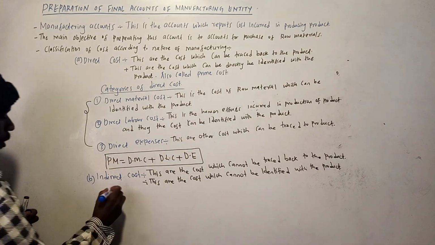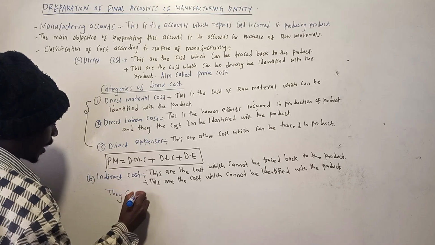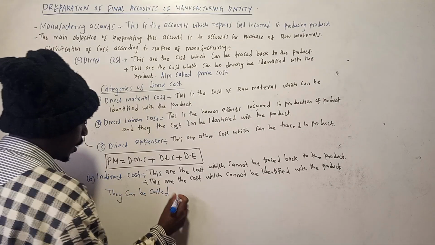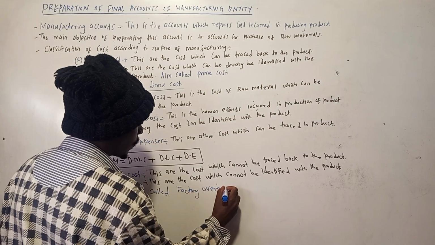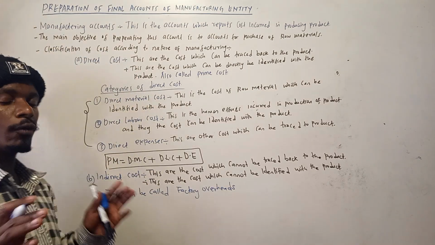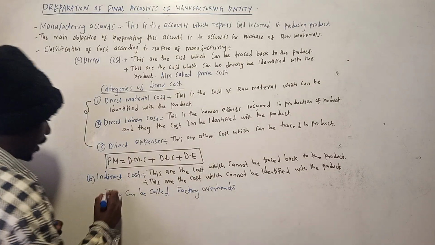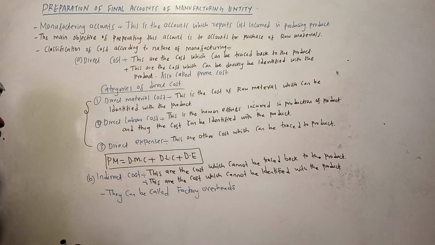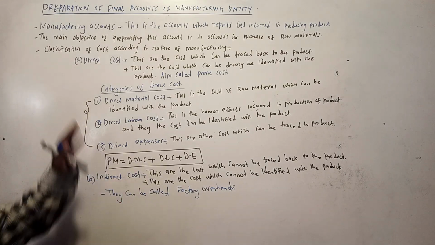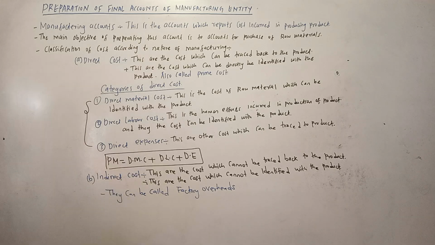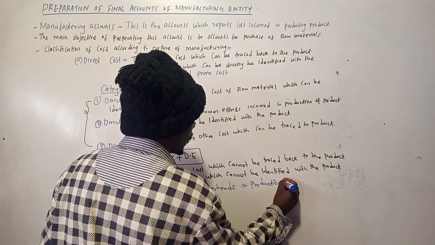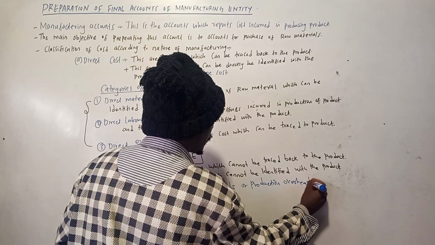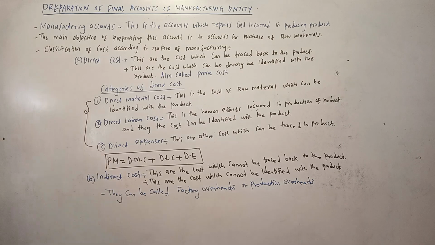Before we change, they can also be called factory overheads. Remember, another name for overheads is indirect cost. Because we are dealing with a factory, manufacturing deals with the factory, so we call it the factory overhead, or production overheads.